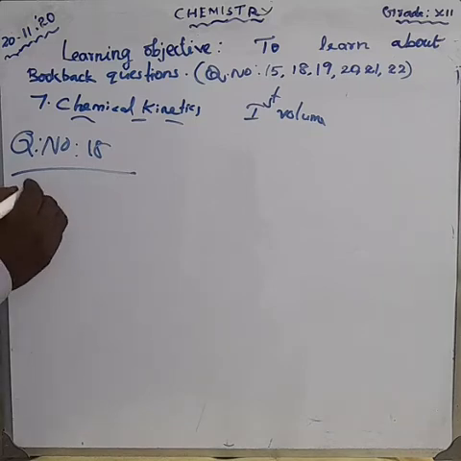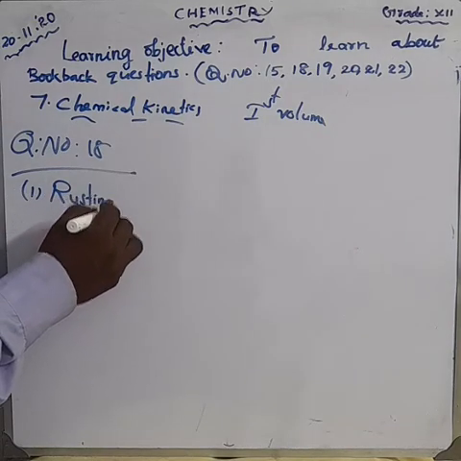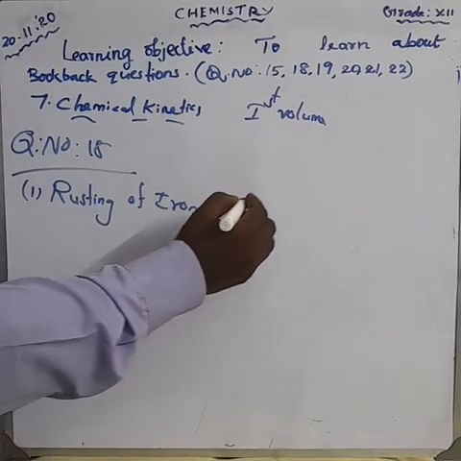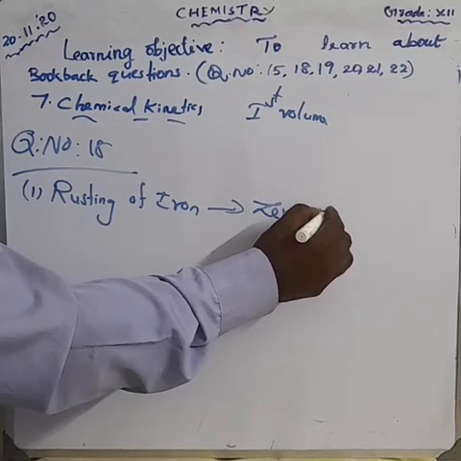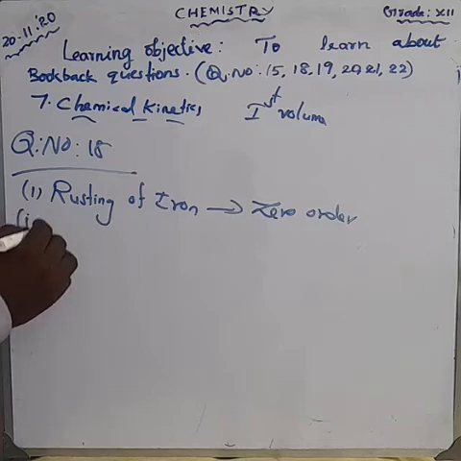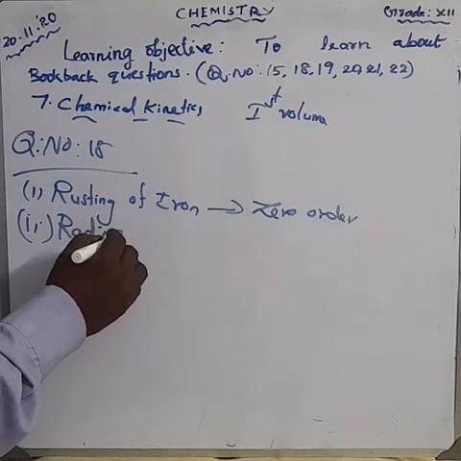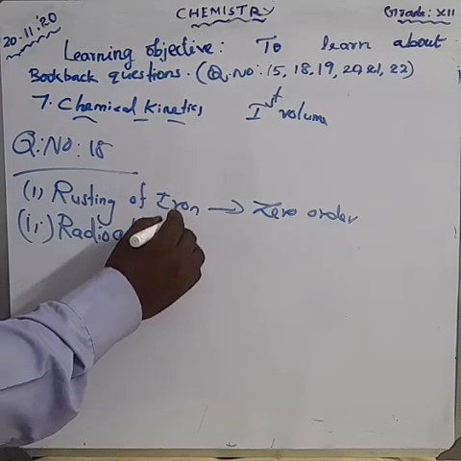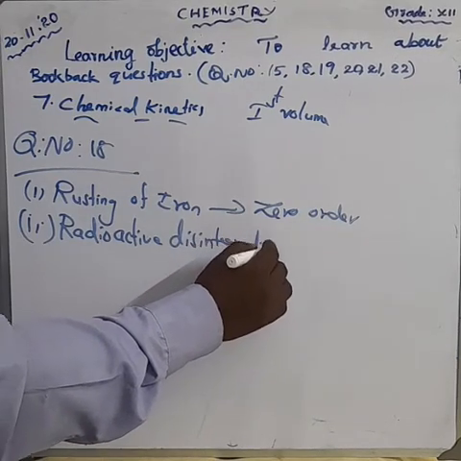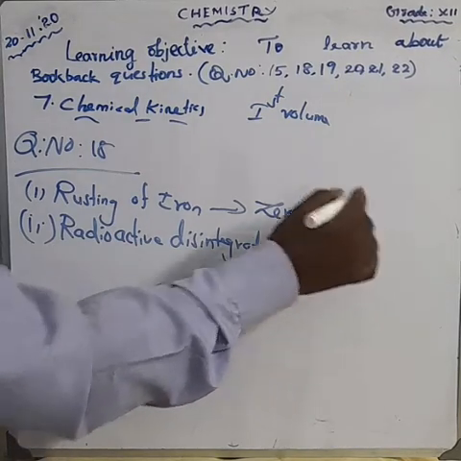First one, rusting of iron. It is a zero order reaction. Second one, radioactive disintegration of uranium 92-238. Which reaction?